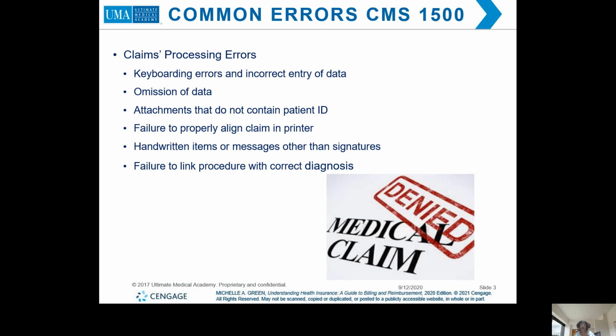If I am an auditor, then I'm going to wonder why these procedures and diagnoses don't match. Is it a one-time thing, or is this a pattern? If it's a pattern, then I think we may have a problem. Now, is it abuse, or is it fraud? I have to think about that.